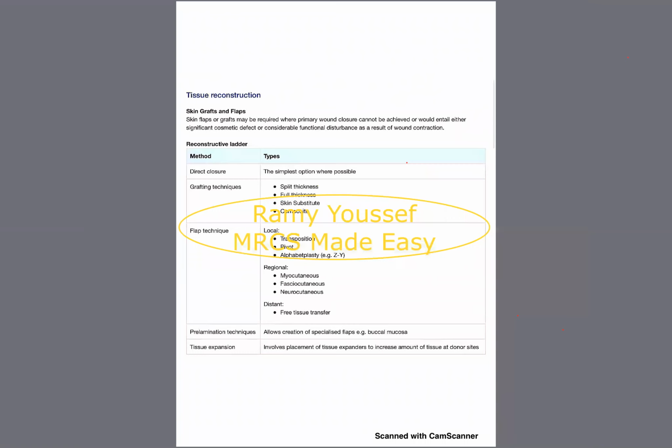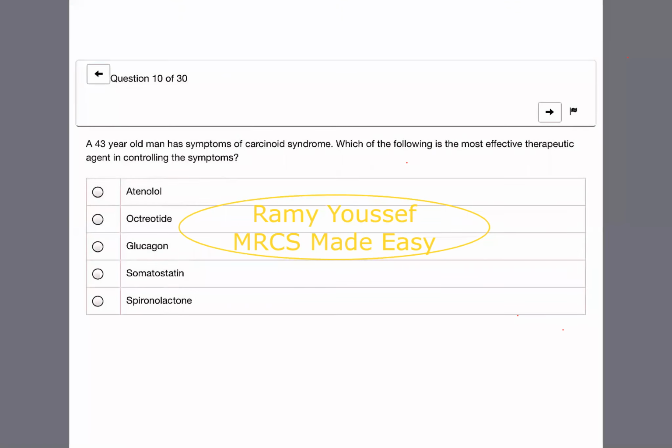If you have done any plastic operation, you should find redundant skin on the face, not more than 1.5. You shouldn't make tension on the skin.